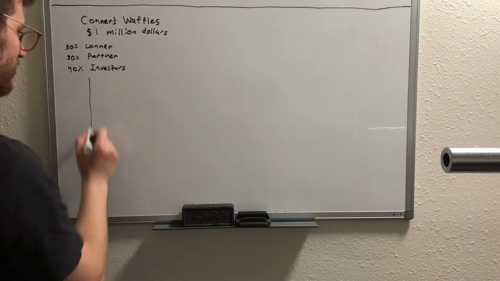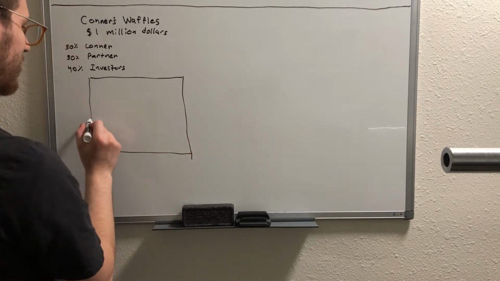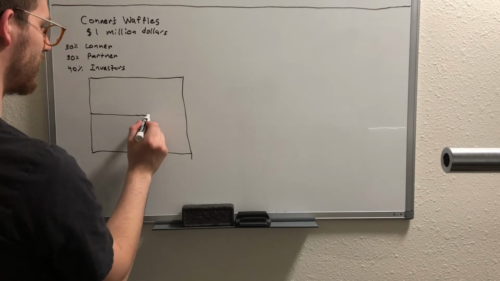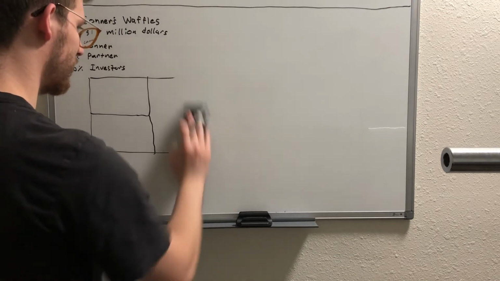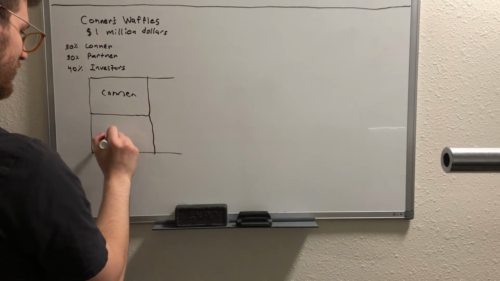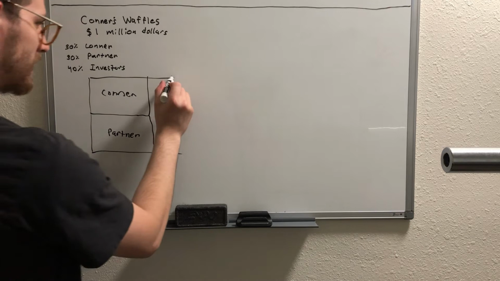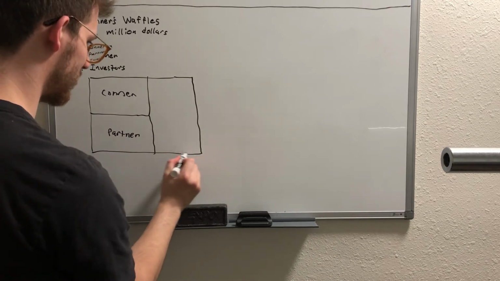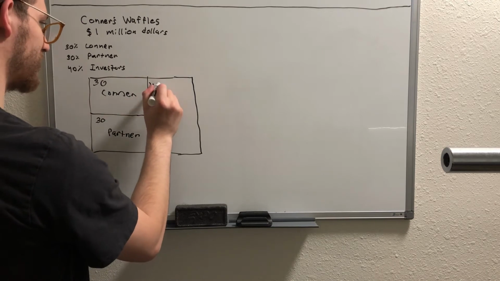So let's draw out the ownership of this company. Let's say this is the entire ownership, and it's split up into, let's see, I own 30%, my partner owns 30%, and then let's say there's 40% left for raising money.